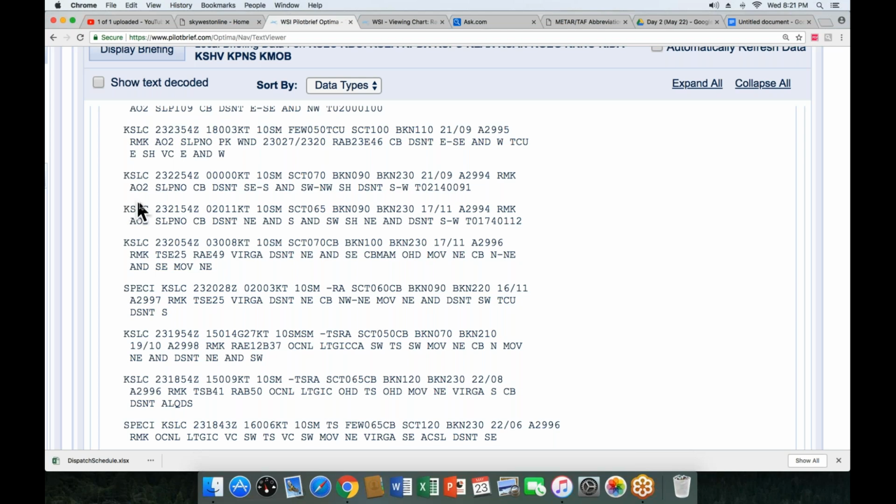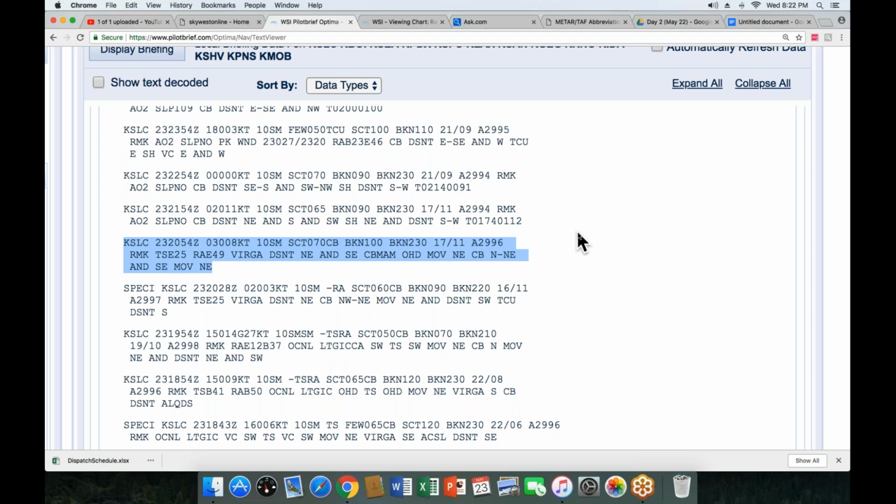So, I had you on this one. Keep going past the temperature dew point. So the altimeter reads 2996. Where should the decimal be? In the center.